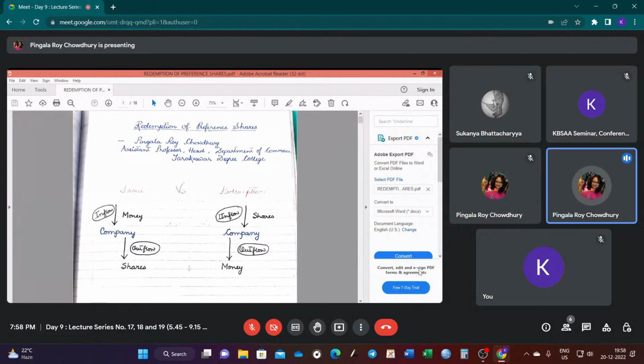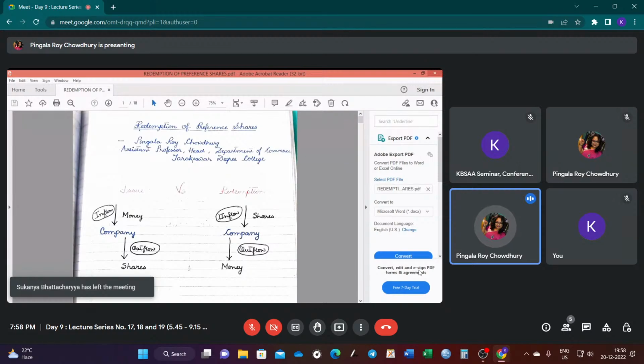Okay, so let me first start with what we mean by preference shares. Though I know that everyone knows what a preference share is, still, for a brief introduction, I would like to introduce what a preference share is. As the name says, the word preference itself says something which gets priority. So preference shares are those shares where, in case of liquidation or in case of nil profits or less profits, the shareholders are always entitled to a fixed amount of dividend or a fixed rate of dividend.